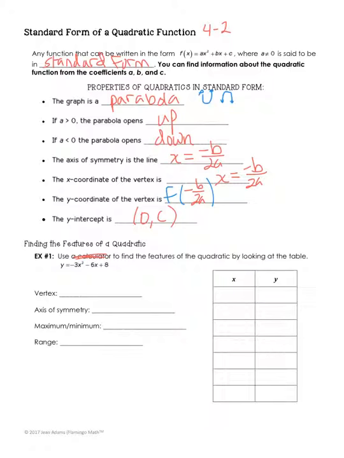So you first have to find the x value of the vertex. So x sub v means x value of vertex. It equals the opposite of b over 2a. Well, we were given the equation up above. So up above, a is equal to -3, b is equal to -6, and c is equal to 8.